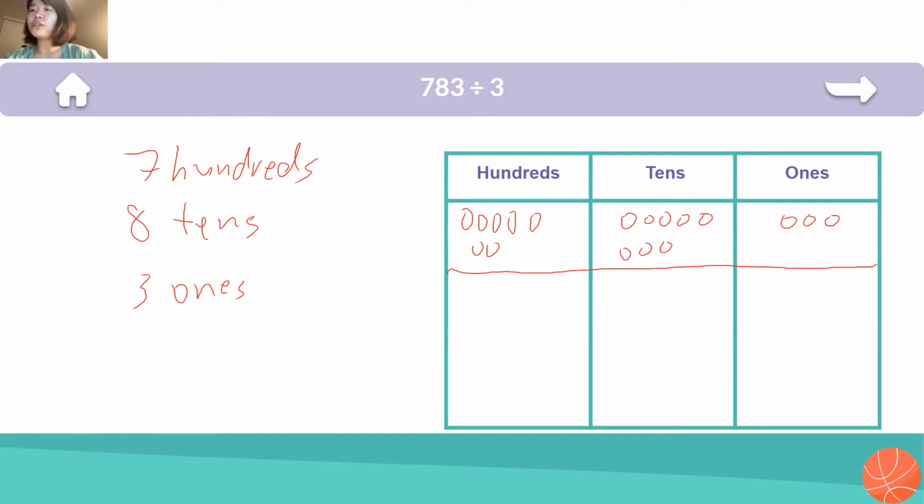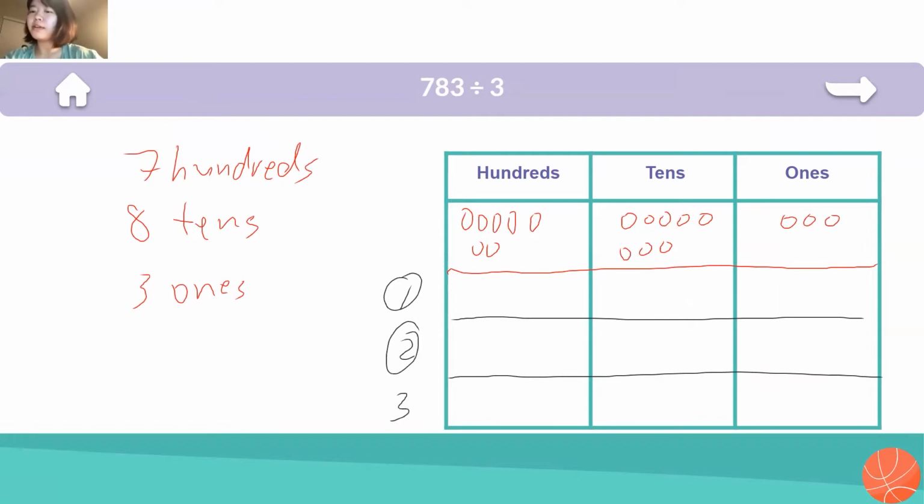We're trying to break this number into 3 groups. As we learned before, I'm going to draw 3 groups first: first, second, and third group. Let's start dividing from the largest unit. 7 hundreds divided by 3.